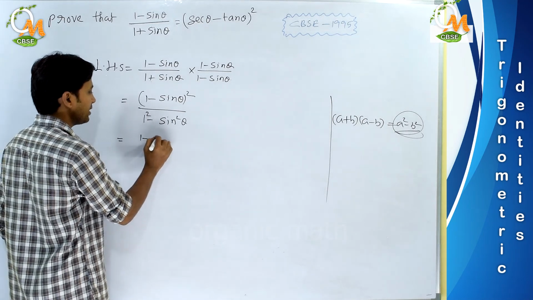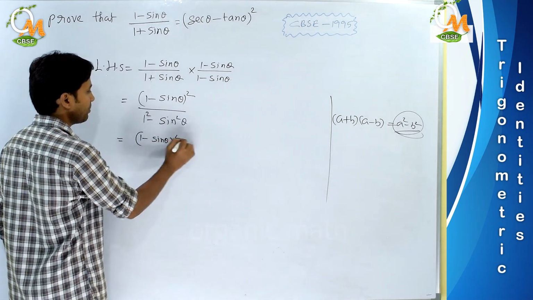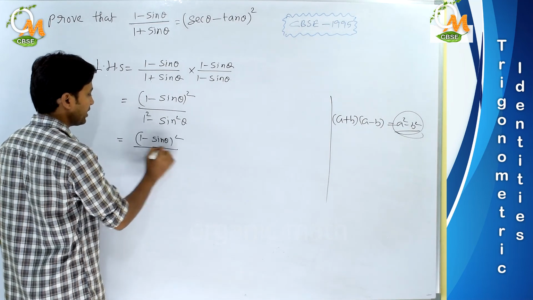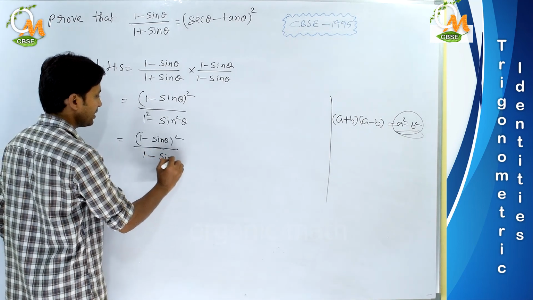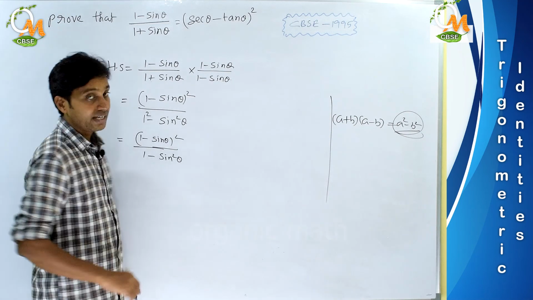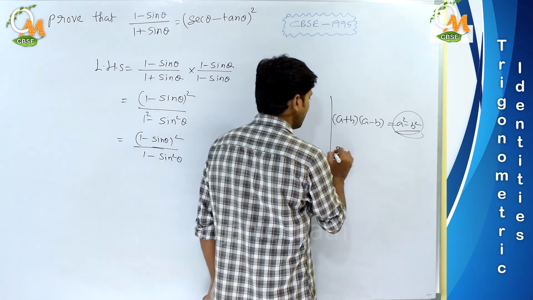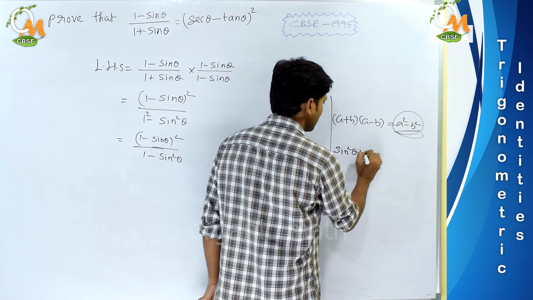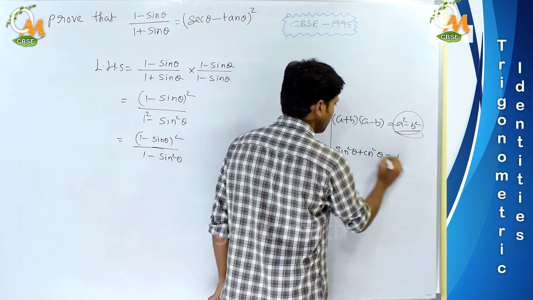(1 minus sin theta) whole square by, 1 square is 1 itself, that means 1 minus sin square theta. Again take the help of the first trigonometric identity, which is sin square theta plus cos square theta equal to 1.